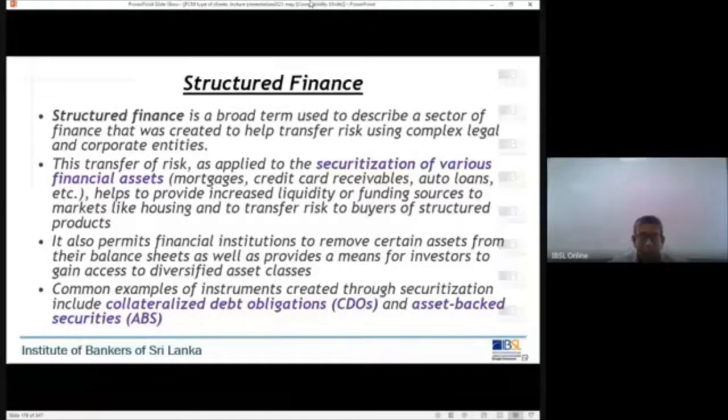Structured finance basically means you are trying to sell the securities, and you are also trying to sell the receivables to another customer. Now, I just briefly explain what you mean by asset-backed securities or structured finance.